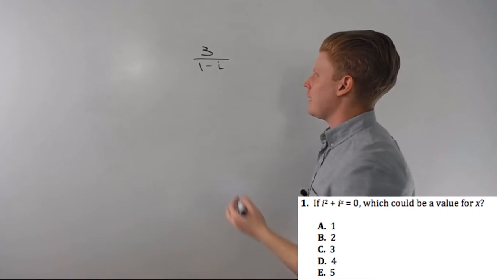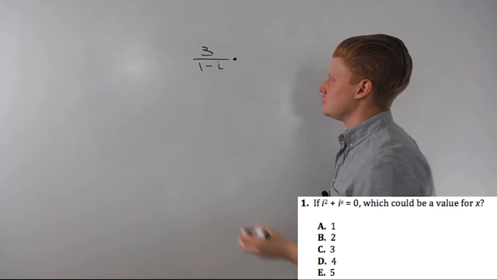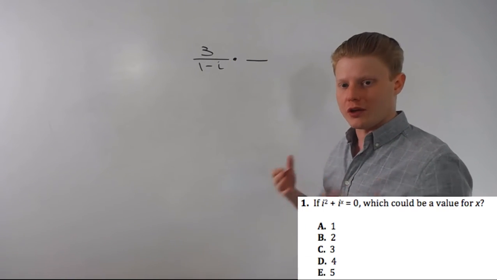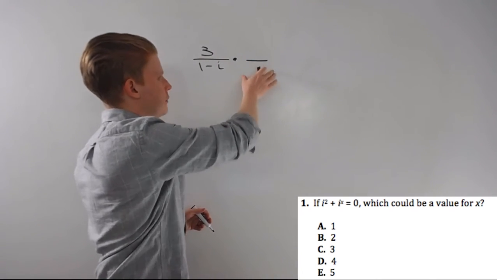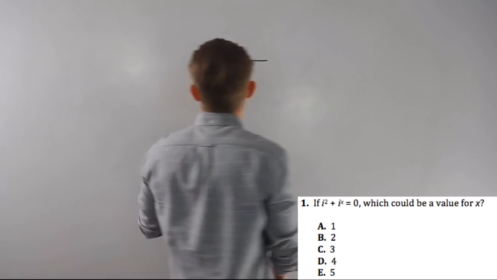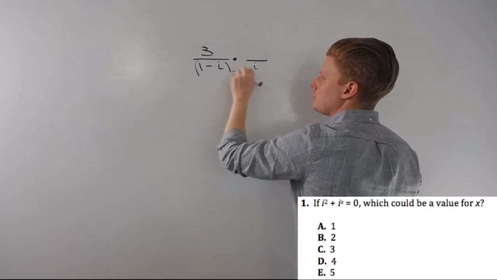So just like anything else, when I'm trying to change the format of a fraction, but not its value, not trying to change the ratio between the top and the bottom, I need to multiply by the same thing on the top and the bottom. But I have to be careful because this is going to be a binomial, right? So if I just multiply by i, well, this will be i squared.